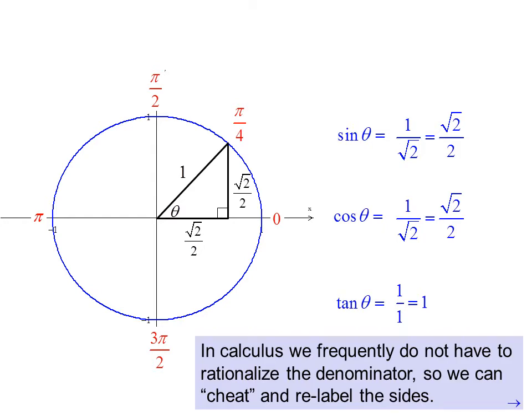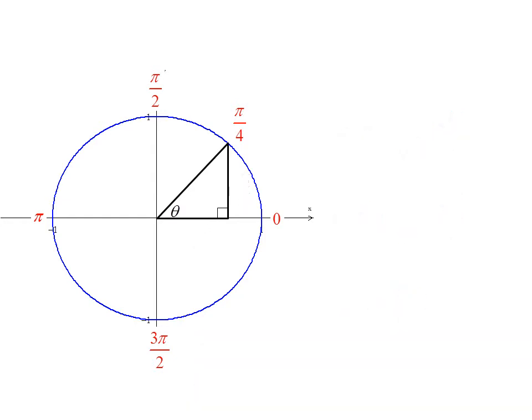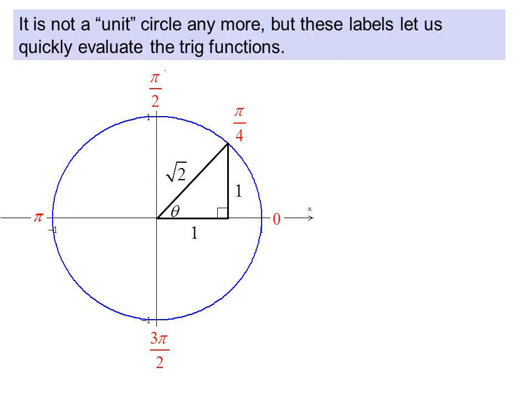In calculus, we frequently do not have to rationalize the denominator, so we can cheat and relabel the sides. 1, 1, radical 2, just like we used before. This is not a unit circle anymore, but these labels let us quickly evaluate the trig functions.